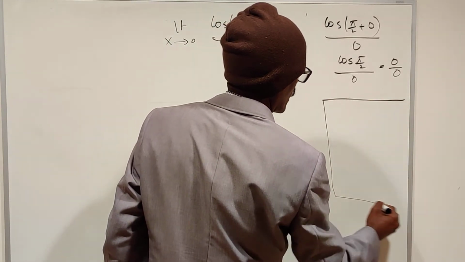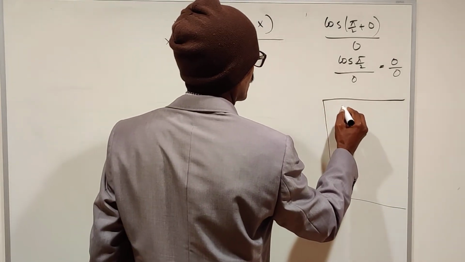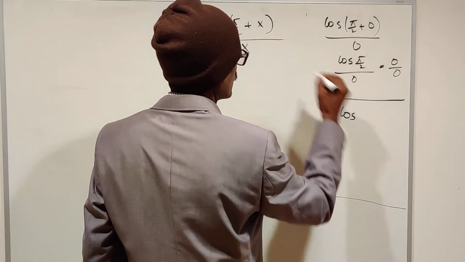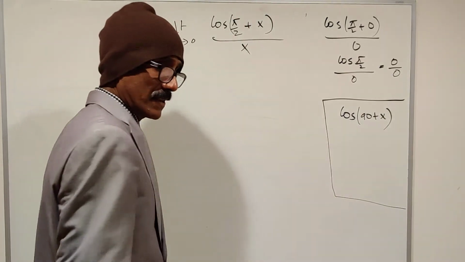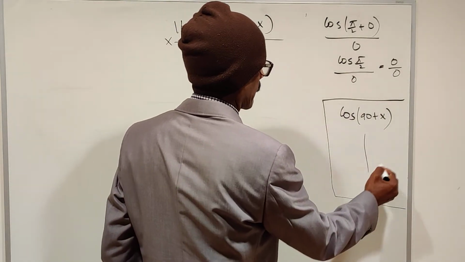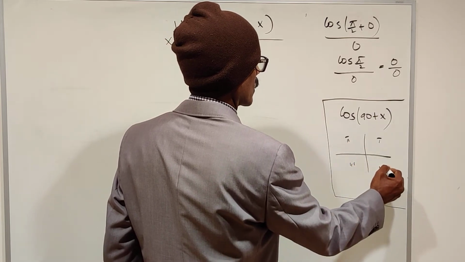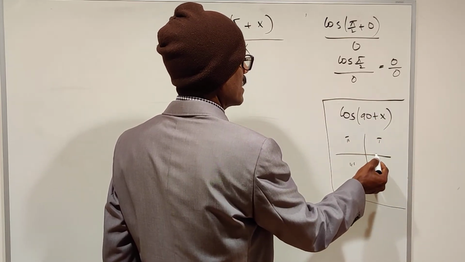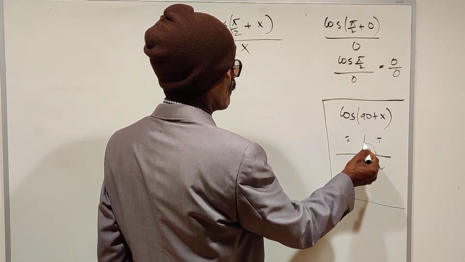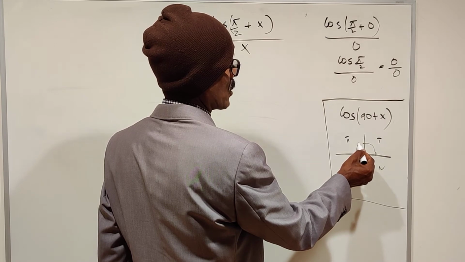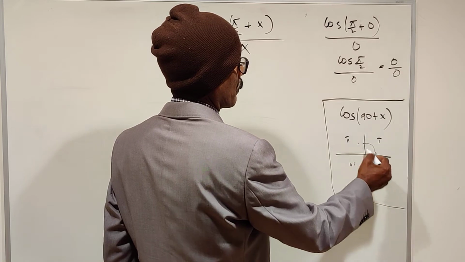Okay, see, in trigonometry, what is cos of 90 plus x? Cos of pi by 2 is 90, so 90 plus x. See, first quadrant, second quadrant, third quadrant, fourth quadrant. All the angles start from here. 90 is here, plus x is in the second quadrant. See, all positive here.